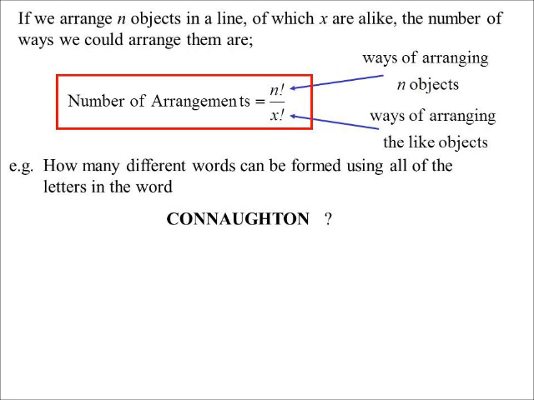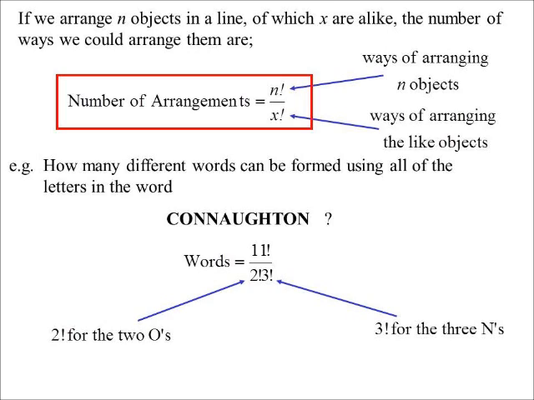Well, there are 11 letters in Connaughton, and in those 11 letters we have 2 O's, so we divide by 2 factorial, the number of ways the O's could have been arranged if they were different letters. And there are 3 N's, so we'll divide by 3 factorial, the number of ways we could have arranged the N's if they were different. So we end up with, and what do we get? There we go. Wow. It would take you a while to write all those words out.